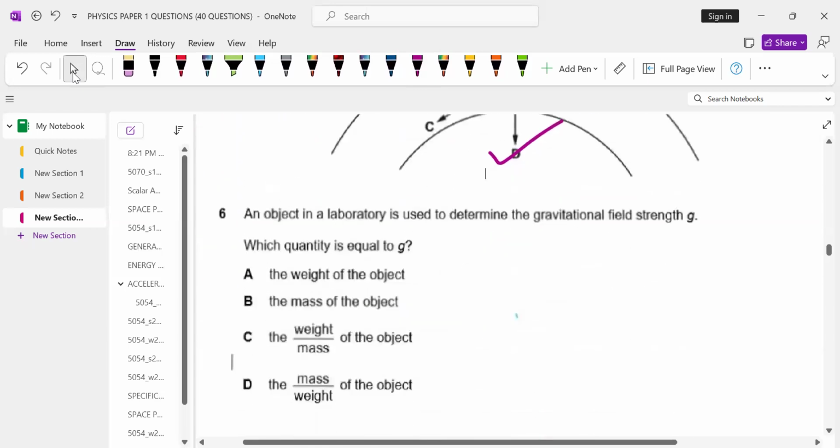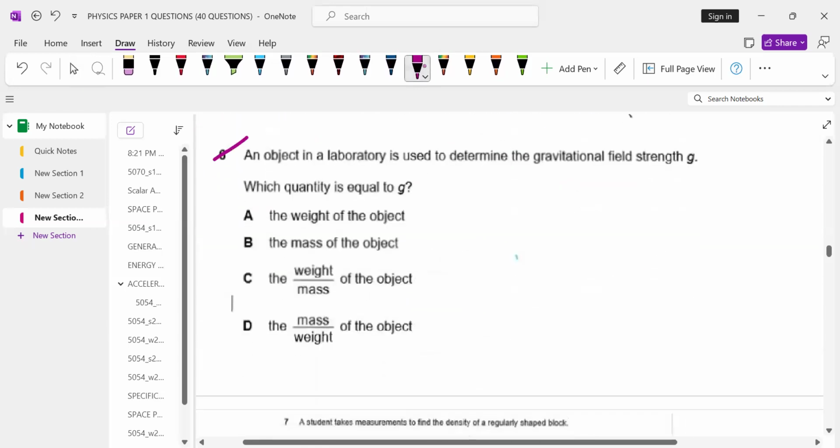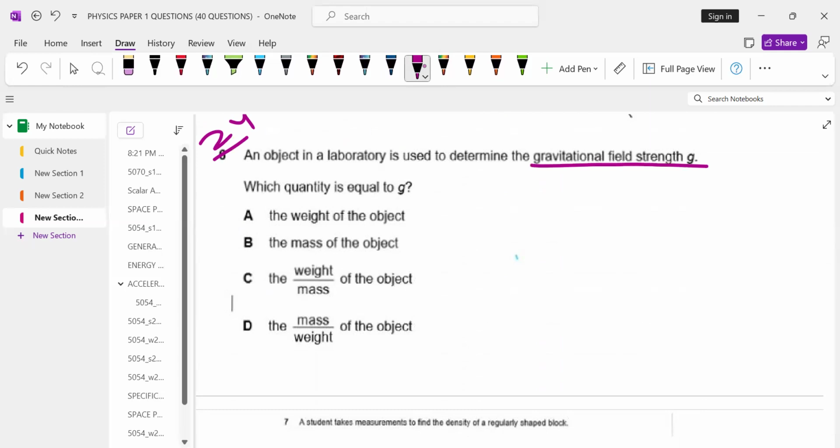Question number 24. An object in a laboratory is used to determine the gravitational field strength g. Which quantity is equal to g? So W equals mg, weight equals mass times gravitational field strength, W divided by m equals g.